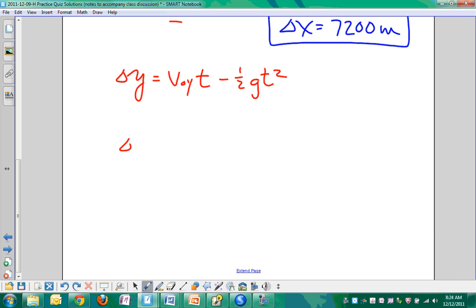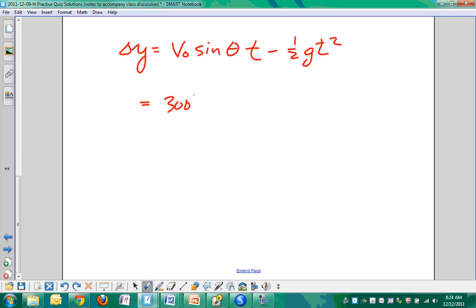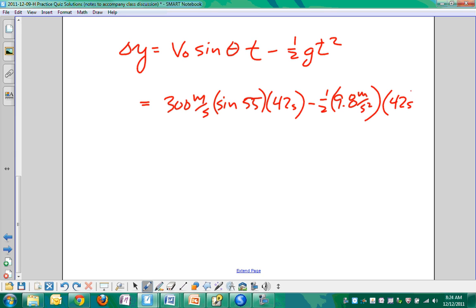So delta y is equal to v naught sine theta t minus 1/2 gt squared, which is 300 meters per second times the sine of 55 times 42 seconds, minus 1/2 times 9.8 meters per second squared times 42 seconds squared.